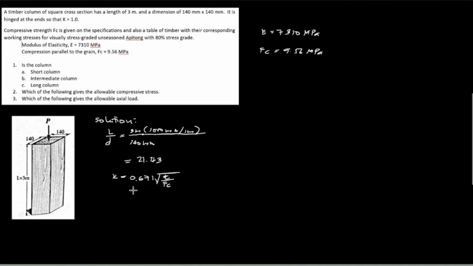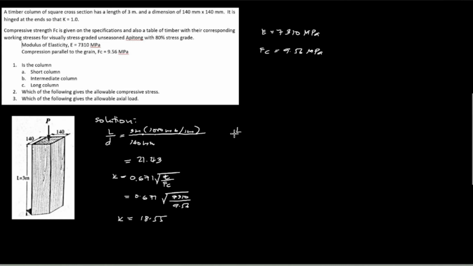And we substitute the values in the formula for K. 0.671 square root of 7,310 all over 9.56, megapascal over megapascal. And the value for K is 18.55.